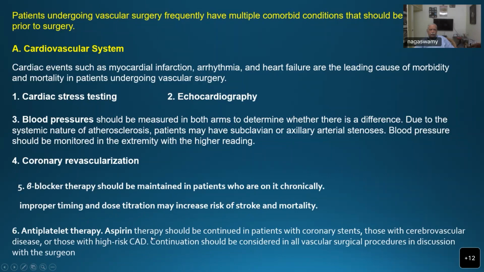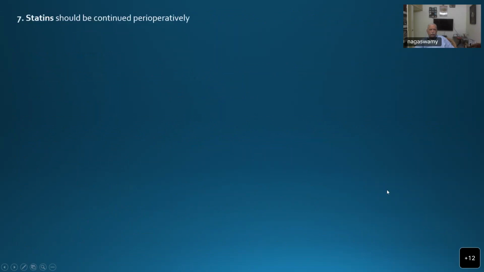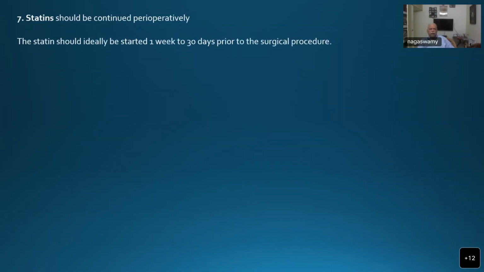Patients may be on antiplatelets. Aspirin can be continued without any problem if the patient has a coronary stent, whereas for the other antiplatelets we have to think about it and then titrate, or replace it with heparin. Statin should be continued post-operatively and ideally started 1 week to 30 days before the procedure.